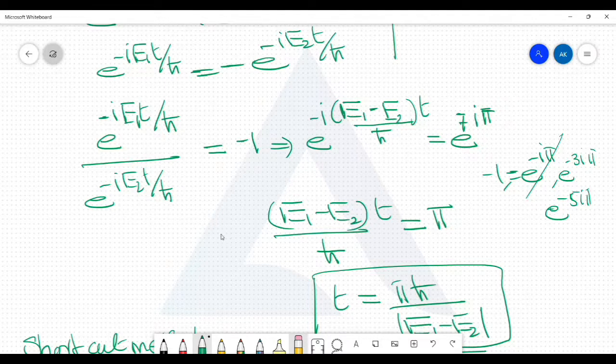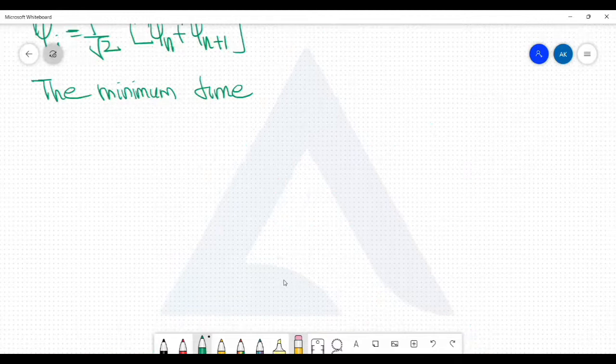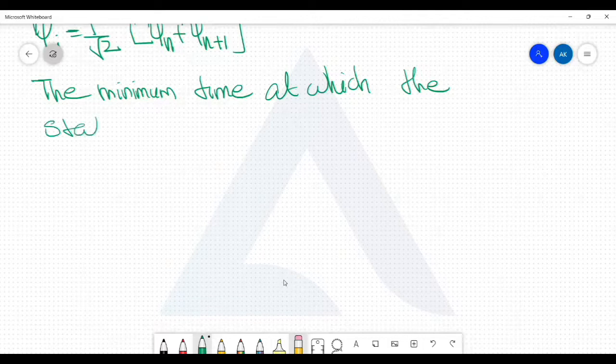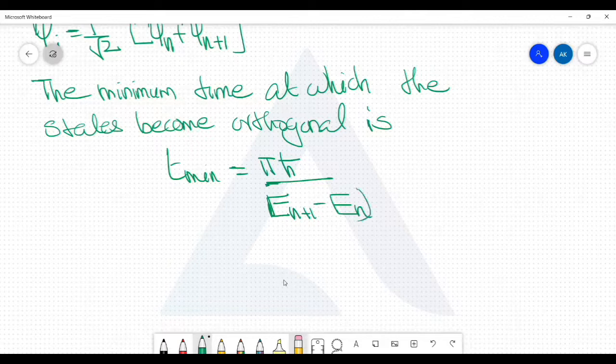So I am mentioning here that the minimum time at which the states become orthogonal is T minimum equal to pi h cross divided by the modulus of E(n plus 1) minus E(n), or E(n) minus E(n plus 1), doesn't matter.